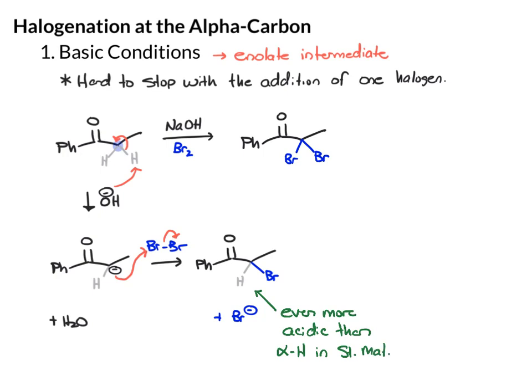So we'll say it's even more acidic than the alpha hydrogen in the starting material. Because of that enhanced acidity, now this next acid-base reaction is even faster.